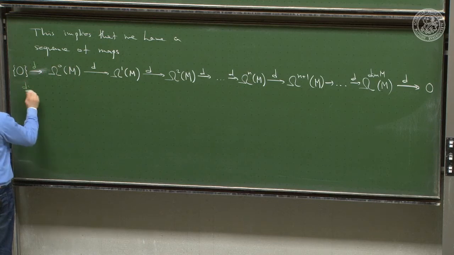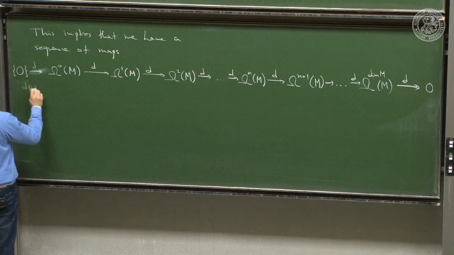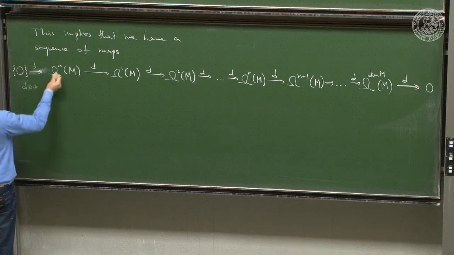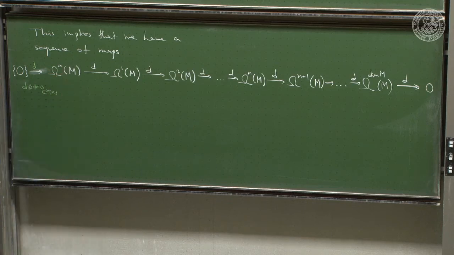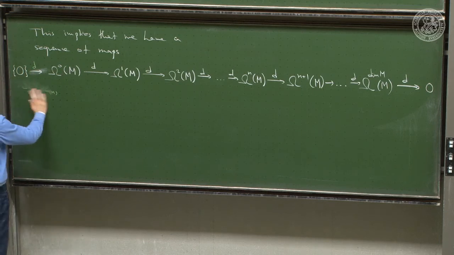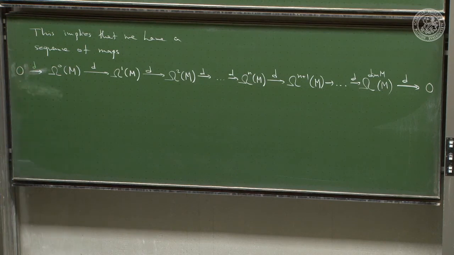So the green d just takes the 0 in here to the 0 in here. So this is defined to be the 0 in C infinity m, in the 0 forms. Okay, so I extend this a little to have this entire line, and so it's also customary to not write these brackets. So it's the vector space consisting of just one element. So I have this sequence. Well, I had this sequence anyway.